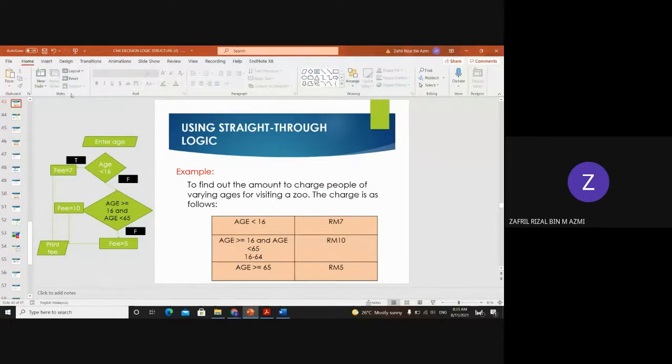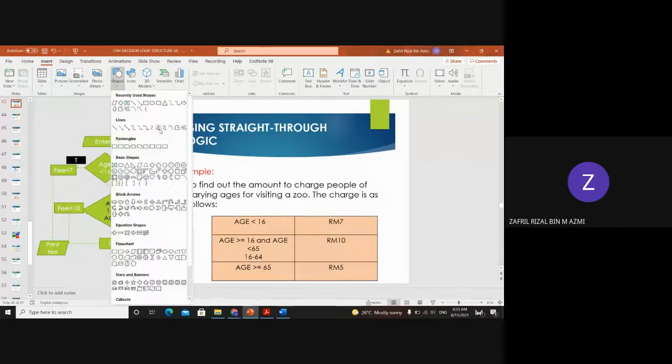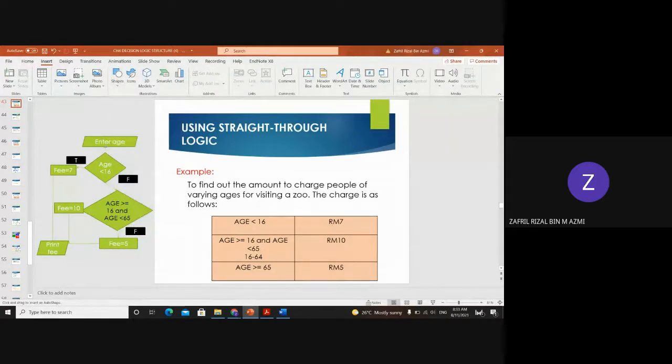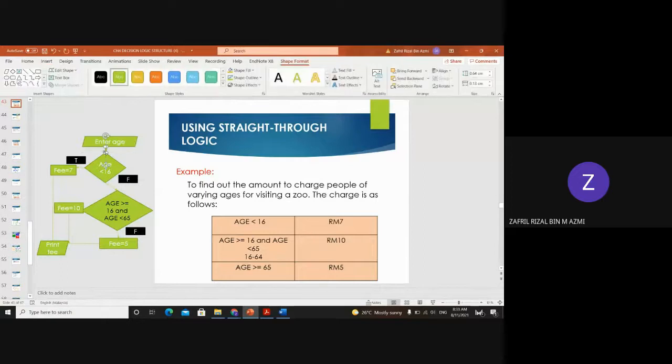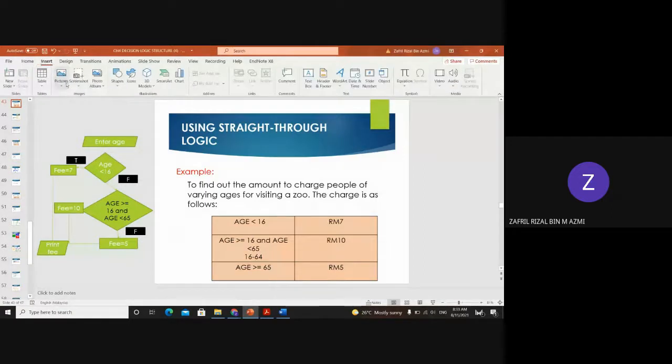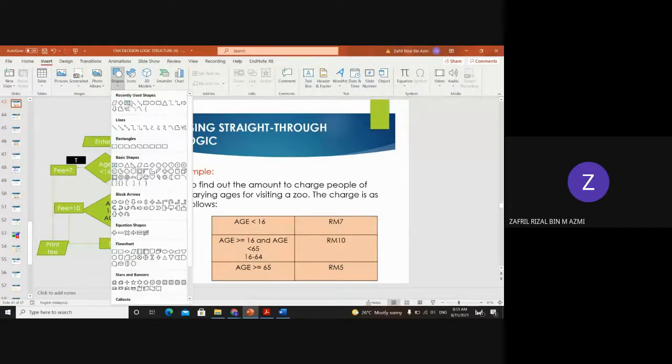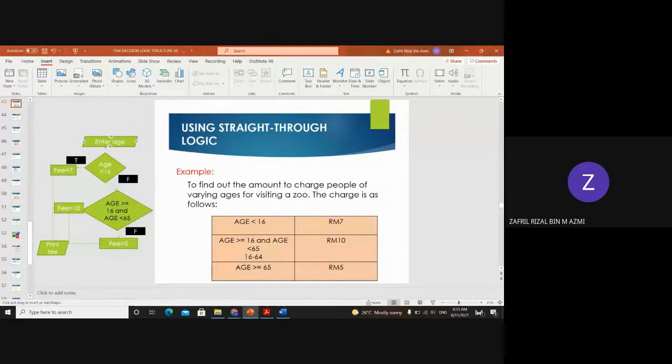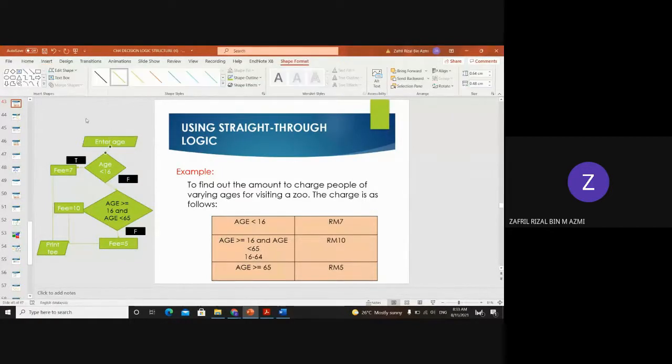Then at the start we have end. So this is what we call the positive logic structure, the normal structure that we use.